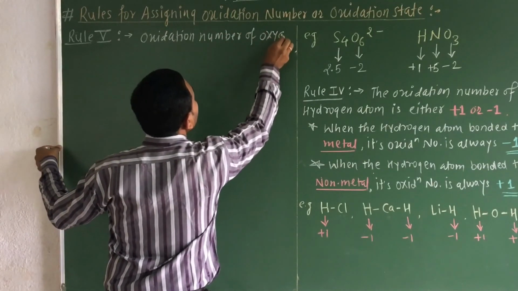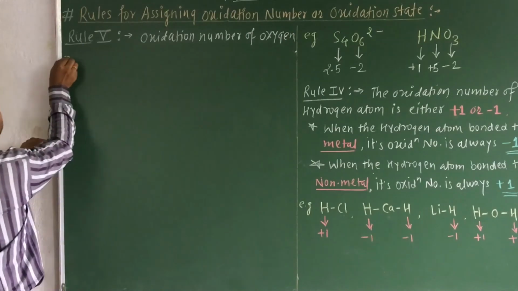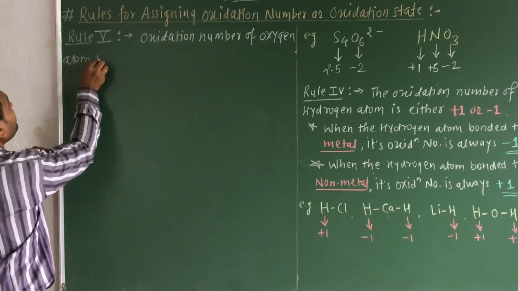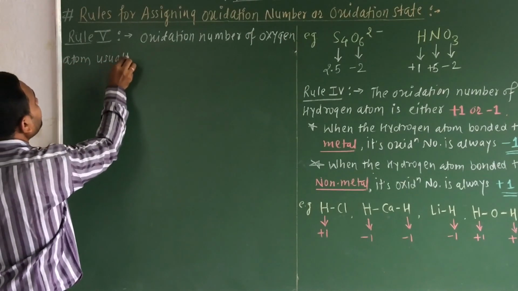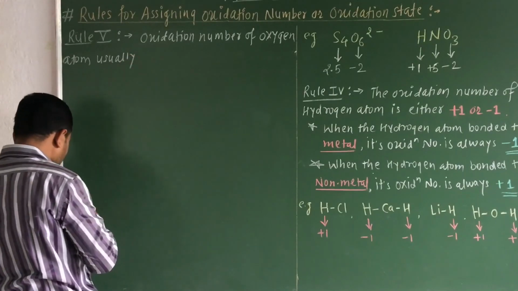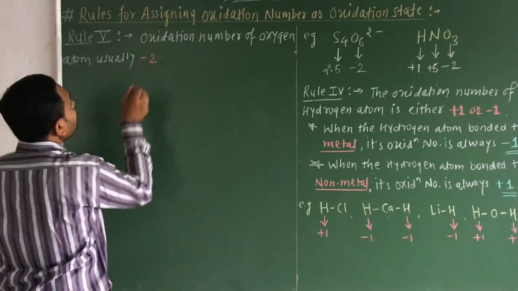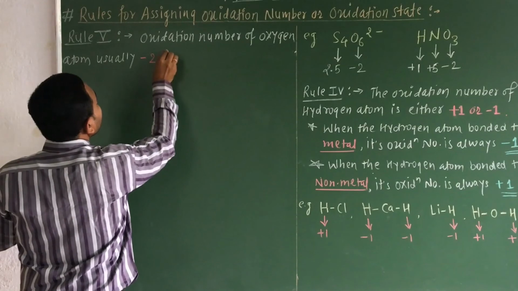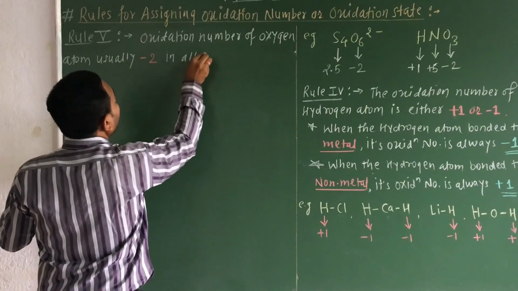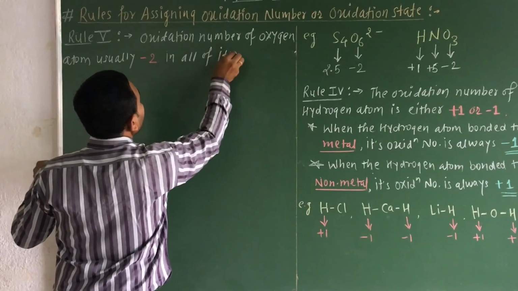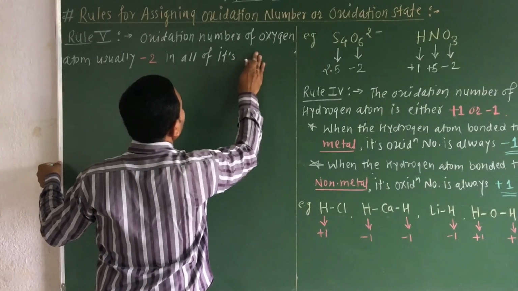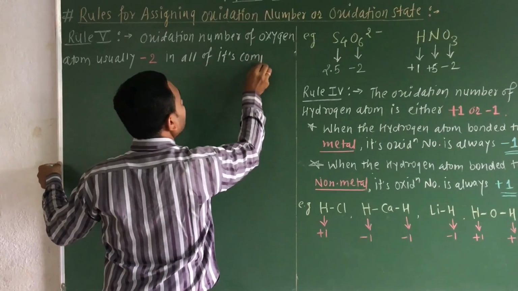Next, rule number 5. Okay, so here the oxidation number of oxygen atom is usually -2 in all of its compounds. Okay, in all of its compounds.